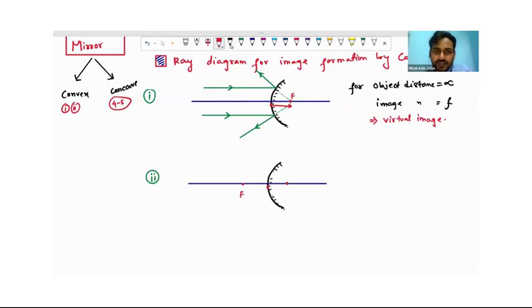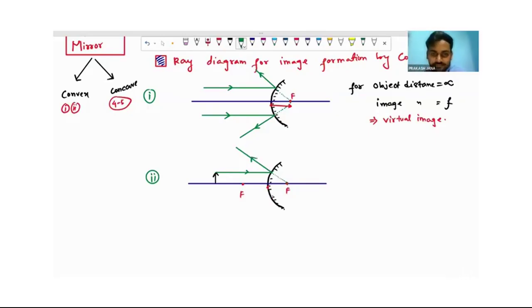Now I place an object somewhere here. What will be the case? A parallel ray will come parallel to the principal axis. After reflection, it will appear as if it is passing through the focus. The red point is our focus, so it will be reflected back in this direction.